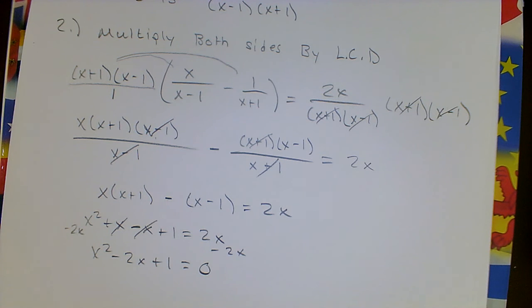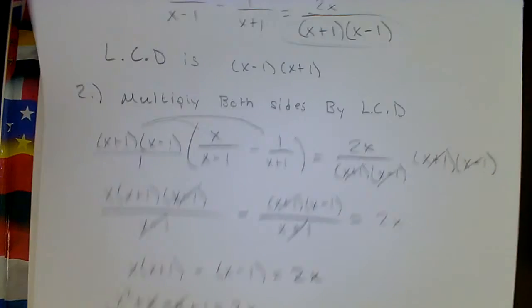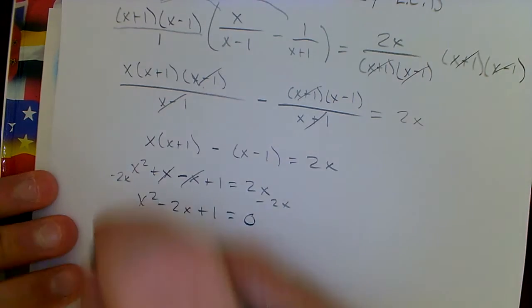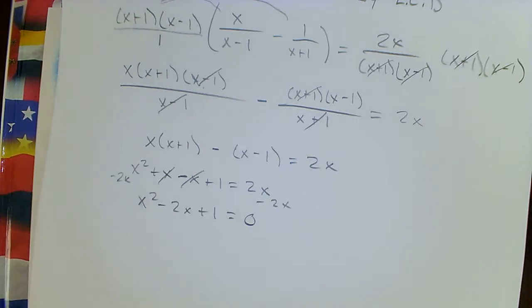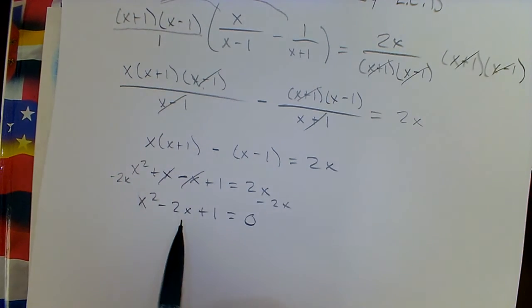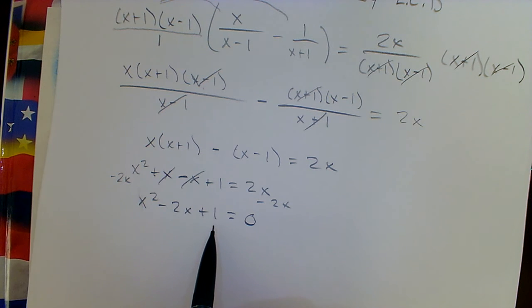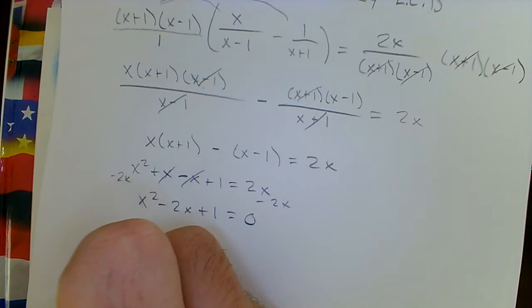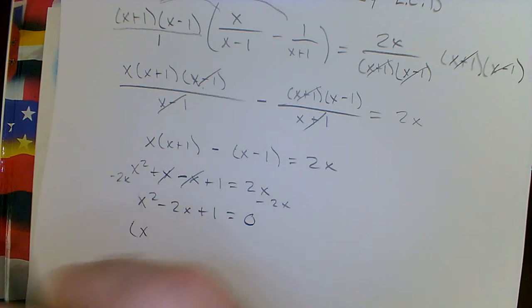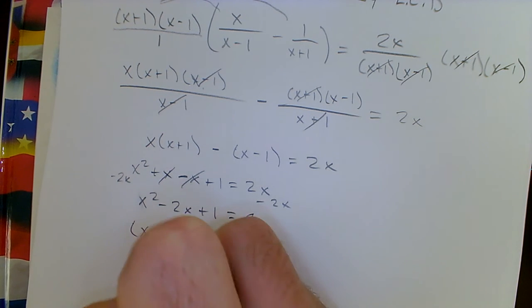is 0. Okay, so now again we've taken this original rational equation and put it into a form that we know how to solve, a quadratic equation, right? So now we have to look for two numbers that multiply to positive 1 but yet add up to negative 2. Okay, so this is actually going to be another one of those repeated roots, right?